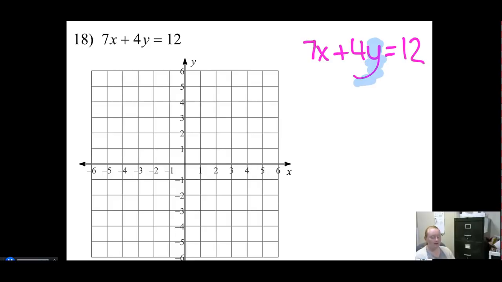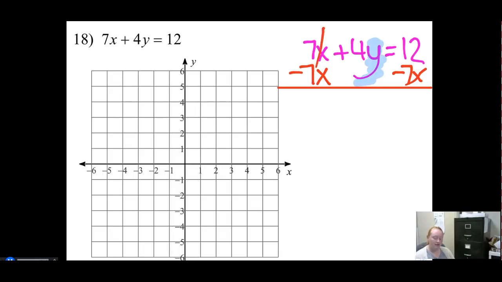To get y by itself, the easiest thing to move is 7x. We don't want to move the 12 because it's on the other side. And we like that it's on the other side because it means it's not with the y. We want to move the 7x first because it's adding to that. It's more separated from the y than the 4 is.